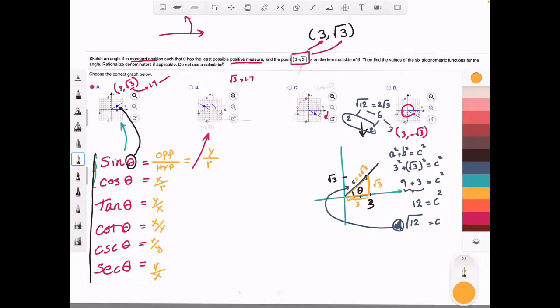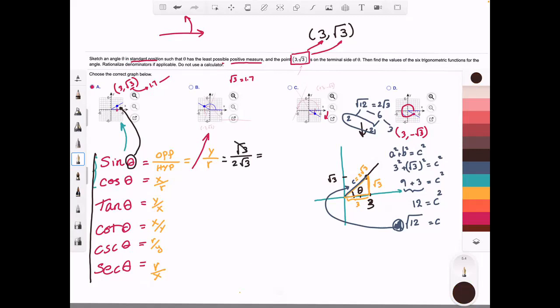Now is the fun part. The fun part is just substitute. The only problem is we cannot have a radical in the denominator. So you need to take care of irrationalizing it if there is a radical in the denominator. So I'm going to have y over r, so this is y, radical 3, over 2 radical 3.